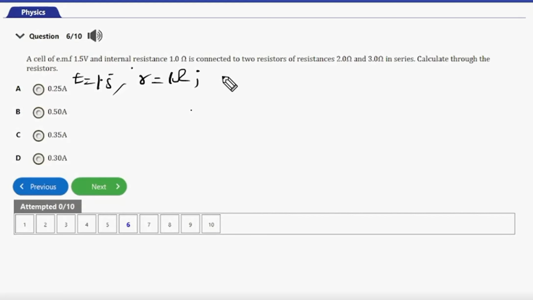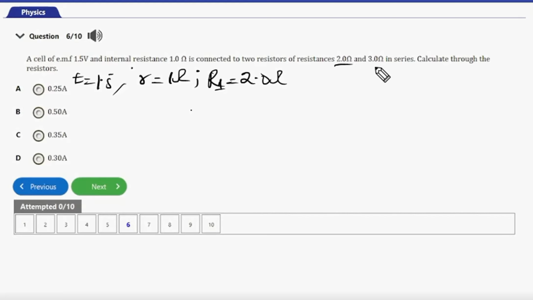and then the load resistance is 2.0 ohms, and then we have the load resistance 1, that's the first load resistance, and then we have the second load resistance here, because we have two resistors here.